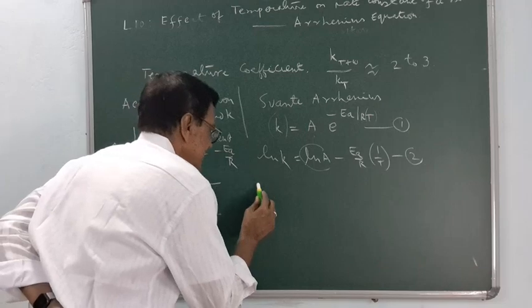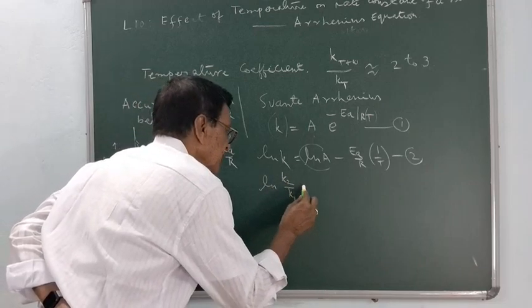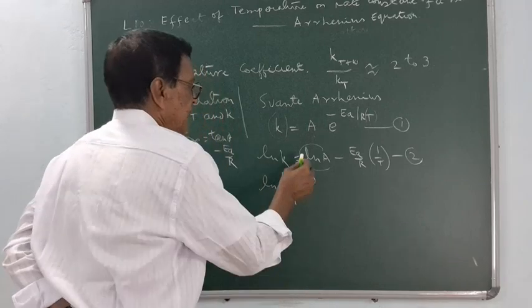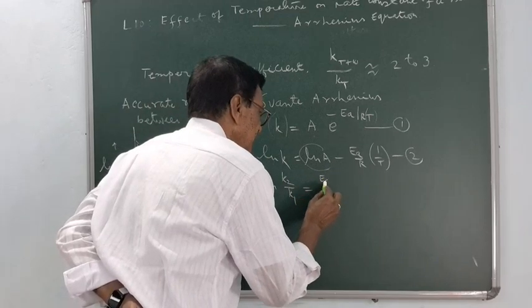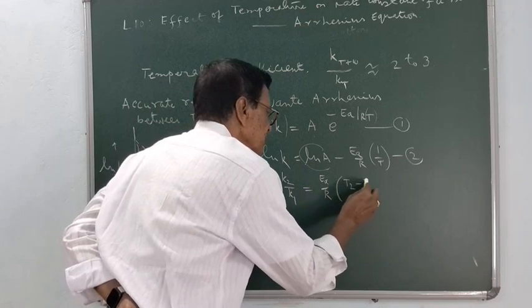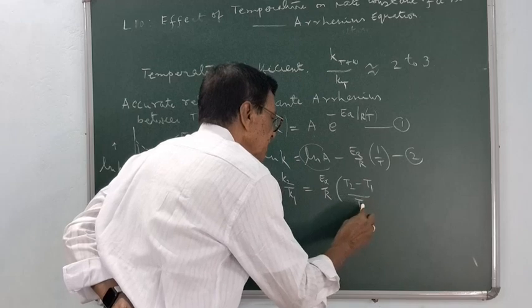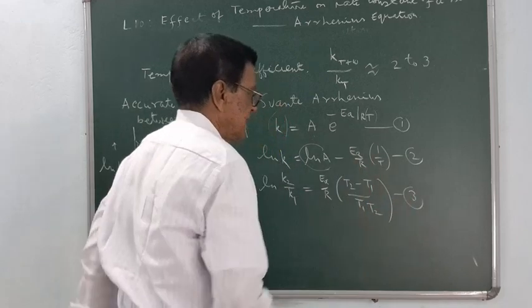In that case, ln K2 by K1 equal to, ln A will cancel, and here it is Ea by R into T2 minus T1 divided by T1 T2, equation number 3.